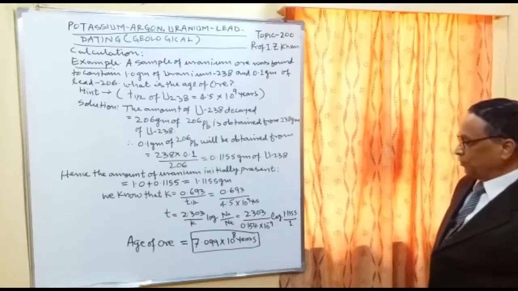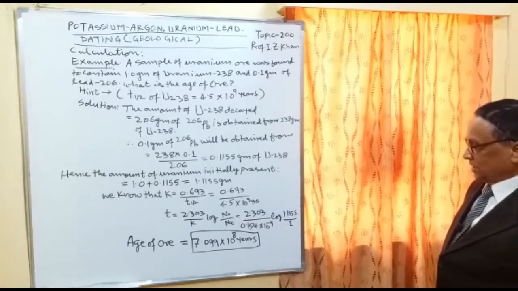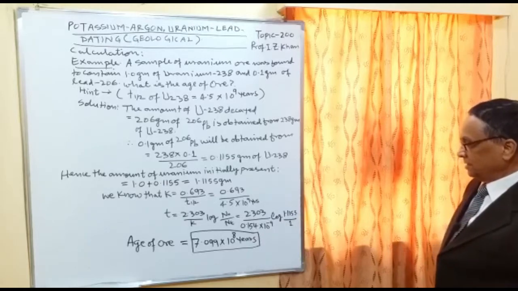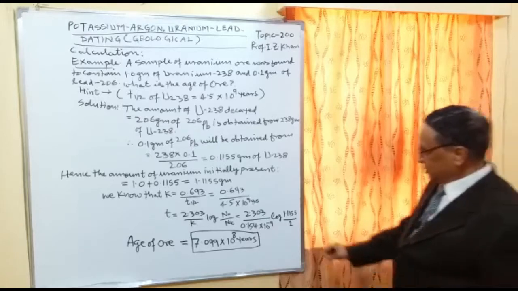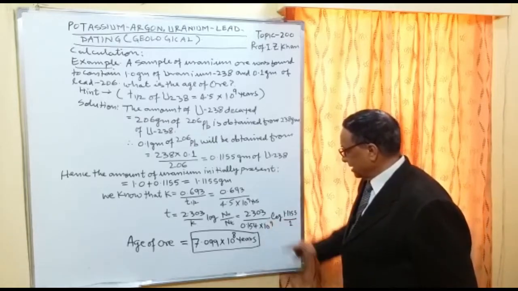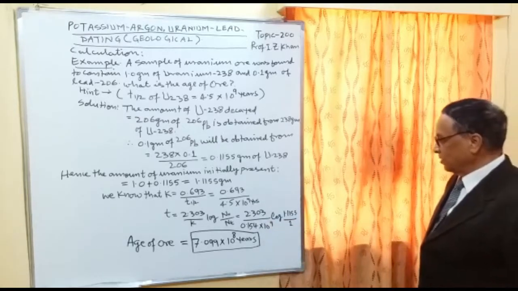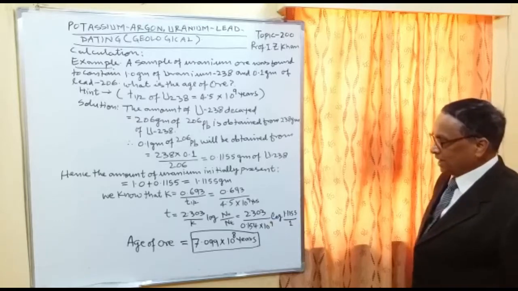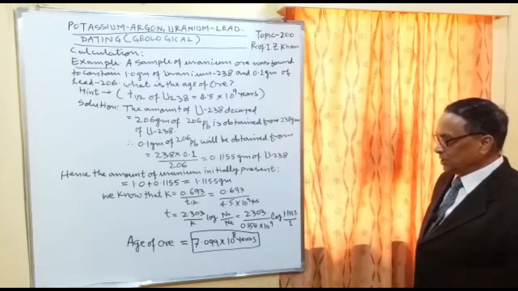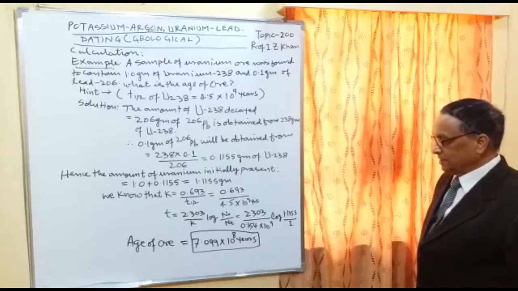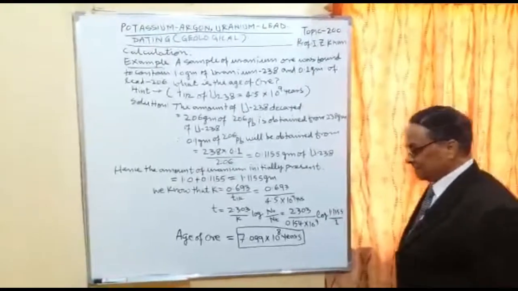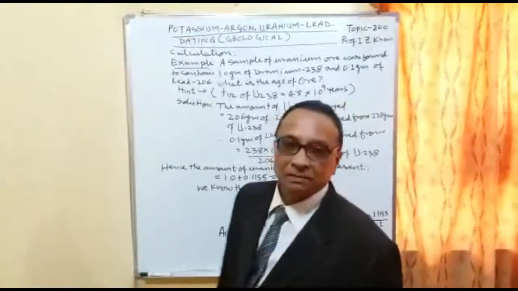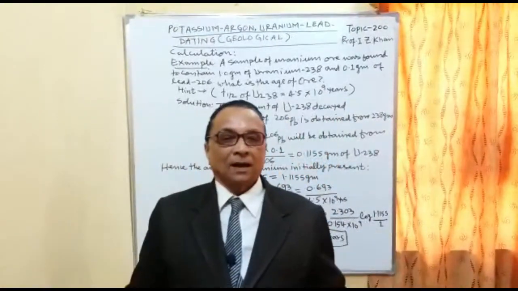You will get 2.303 divided by 0.154 multiplied by 10 to the power minus 9, log 1.115 divided by 1. If you calculate all this, you will get 7.099 multiplied by 10 to the power 8 years as the age of the uranium ore.